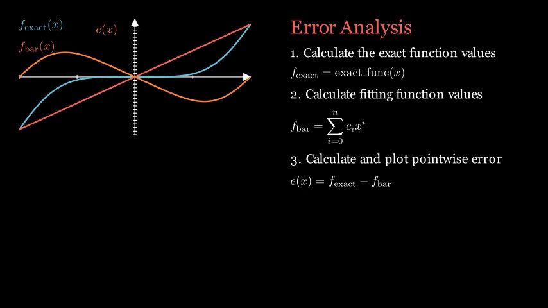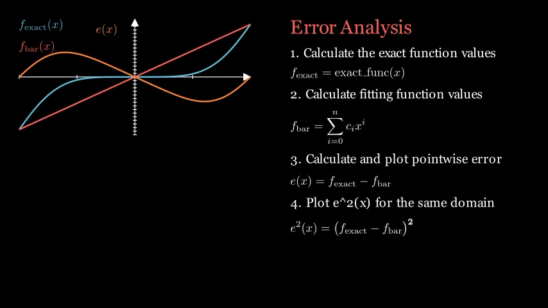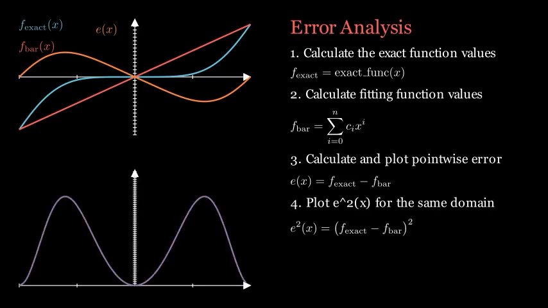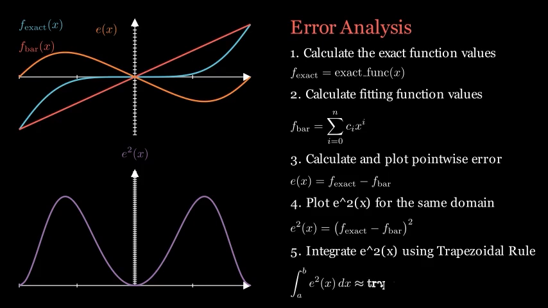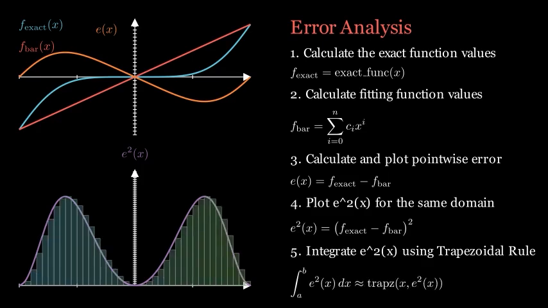Then we plot E squared instead of E on the same domain. Then we use a trapezoidal rule to integrate those error squared functions. Then finally we take the square root to find the norm.